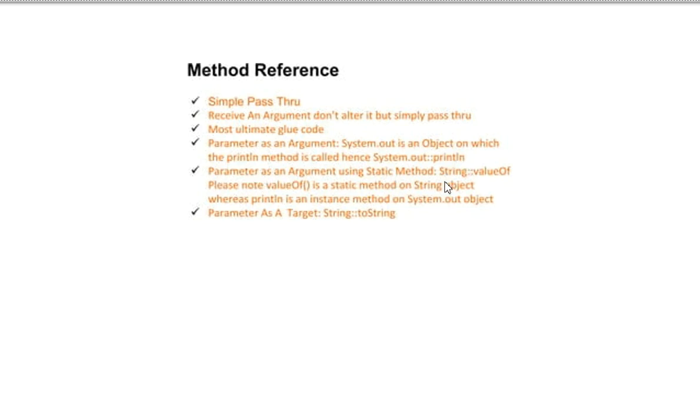Parameterize an argument using a static method, for example String::valueOf. Here valueOf is a static method, that's why we don't use an object here, and we are directly using it on the String class. And parameter as a target, so String::toString. This is how method reference works.